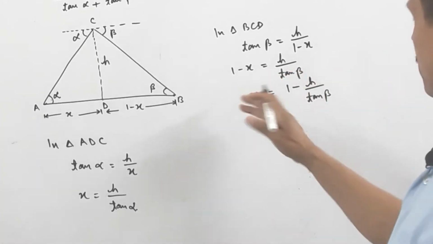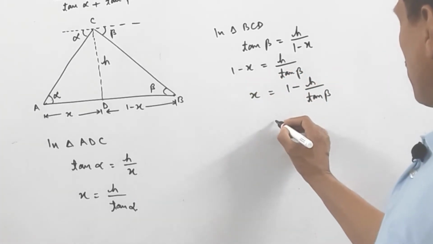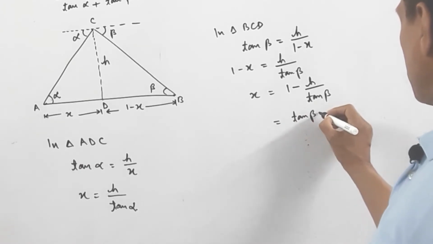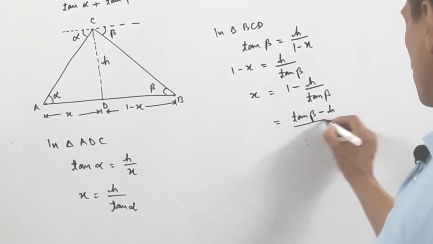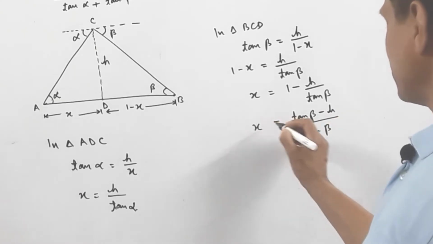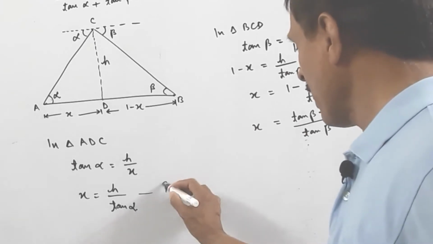Transposing it, this is 1 upon tan beta minus h upon tan beta, this is x.